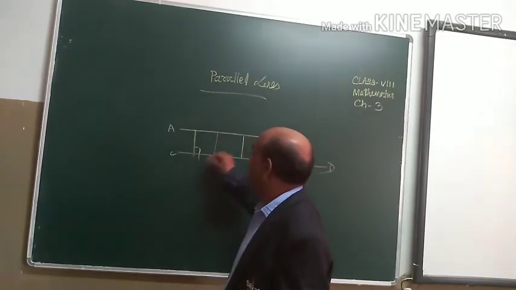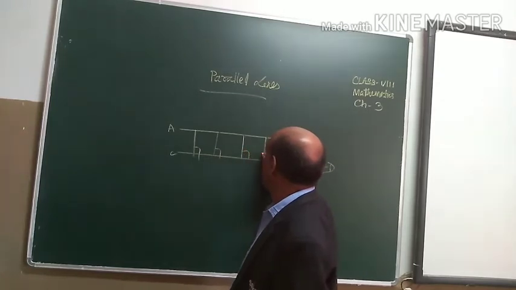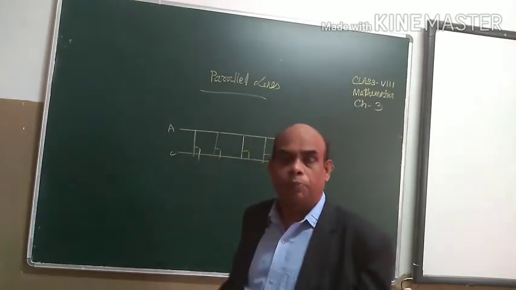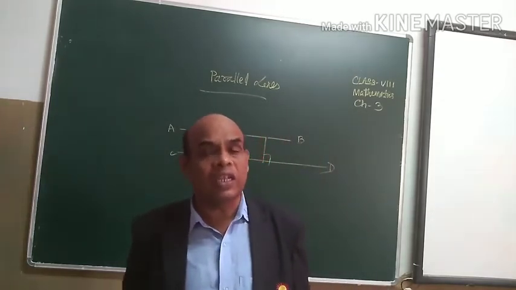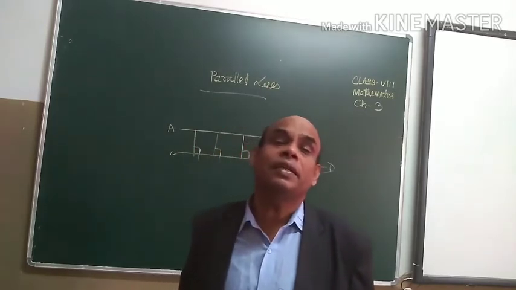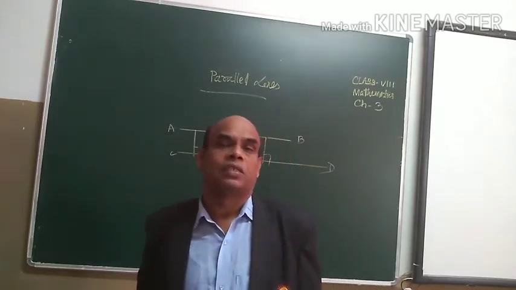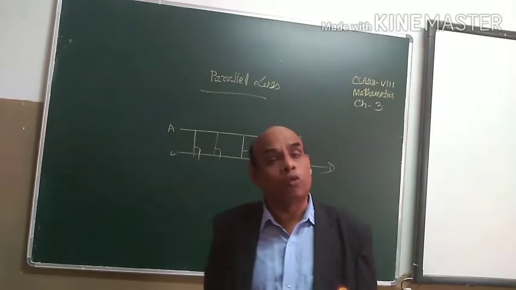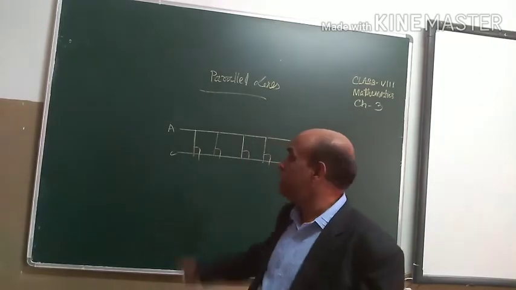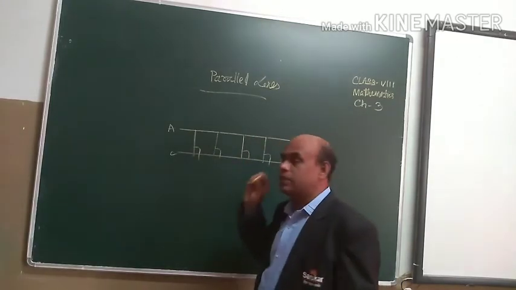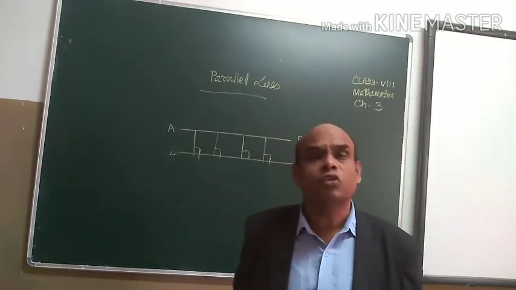This is perpendicular. If the perpendicular distance between two lines is equal, then we can say AB is parallel to CD.